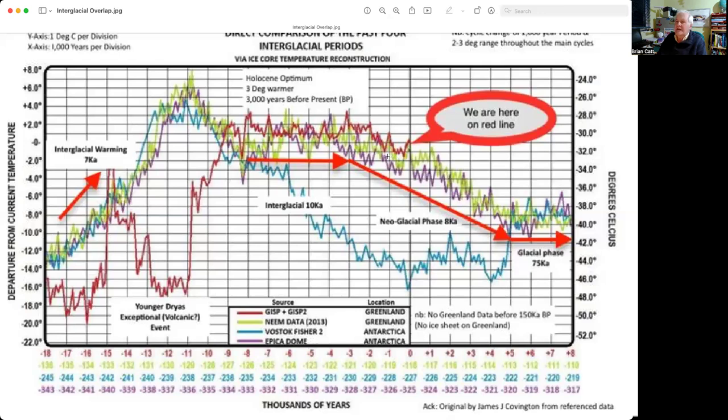And as I said earlier, it's rather obvious here, if you look at any of these traces, that you're seeing a cyclic variation on about a 1,000-year period. There are other variations going on within that. These are polar plots from ice cores in Greenland and in Antarctica, because there are no ice cores from Greenland going back more than one interglacial.